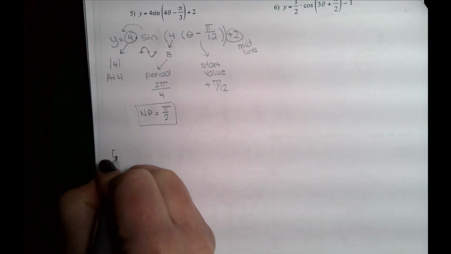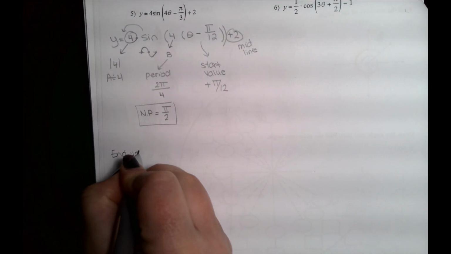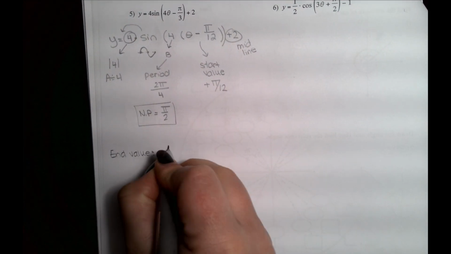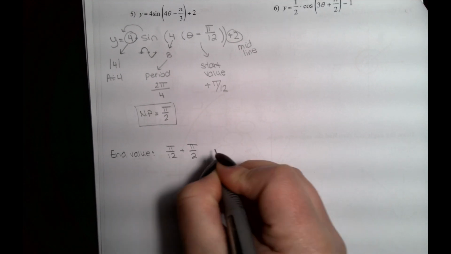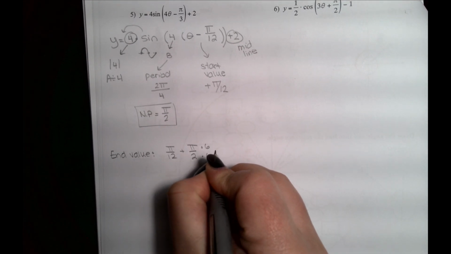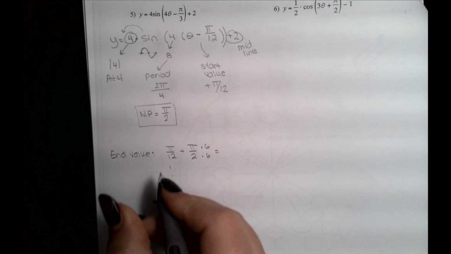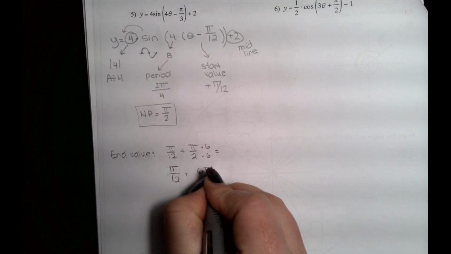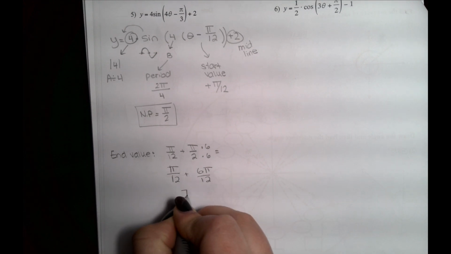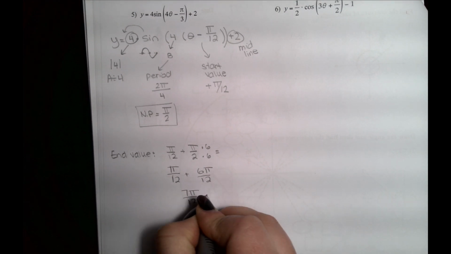These are your end value. End value is found by taking your start value and adding your period to it. I do need common denominators. So my end value is pi 12ths plus 6 pi 12ths. So my end value is at 7 pi 12ths.